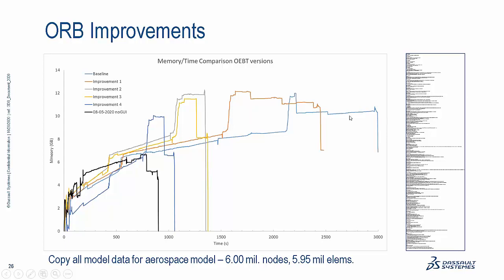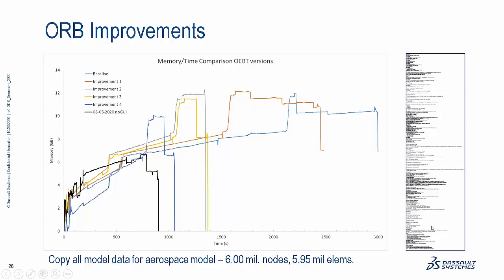With incremental improvements to the tool, we've dropped the runtime from about 3,000 to 900 seconds, and we expect further performance improvements, but it's quite good at this point. We've also reduced the memory required from about 12 gigabytes to 6, or 6.5. So improvements continually go into this tool.